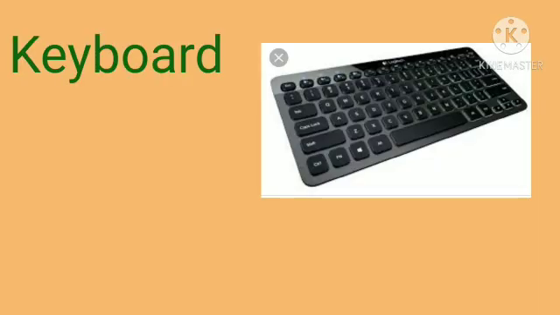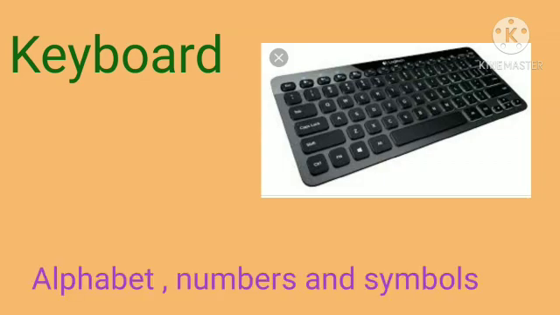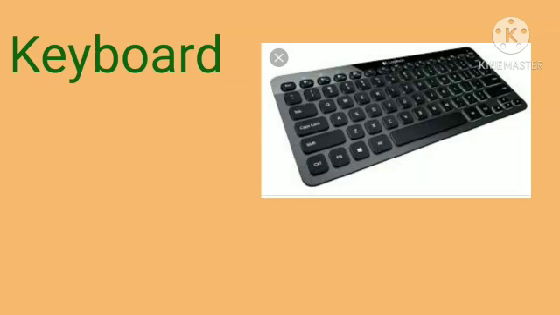Keyboard. The keyboard is used for entering data into the computer system. We can type alphabets, numbers, and symbols by pressing the various keys on it. A common keyboard is also called a QWERTY keyboard.